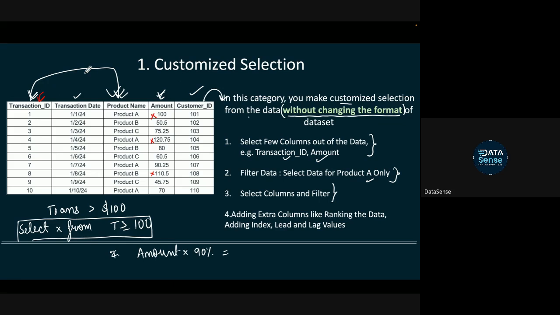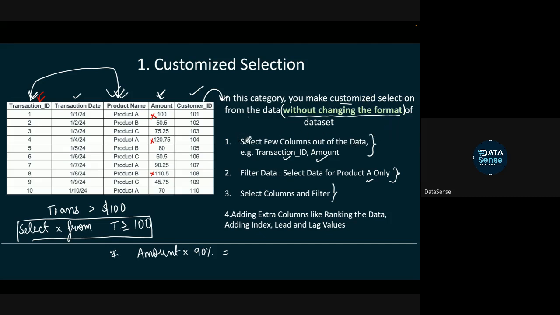That will not change the primary key, because your transaction ID and product name will remain the same, because you are just selecting two columns out of the main data. So for example, there are 5 columns, you're just selecting two. So just try to visualize these questions. I'm not going into detail right now, but we will be covering them in more detail in future.